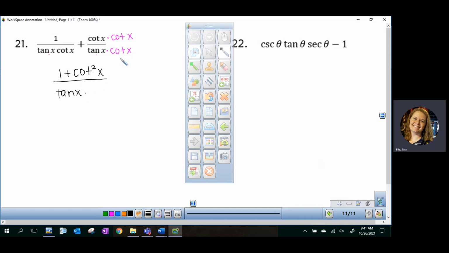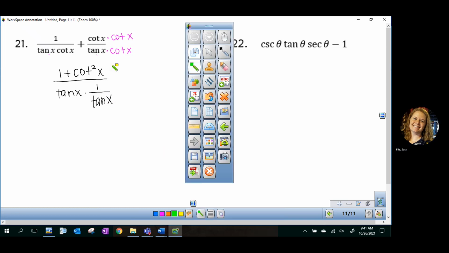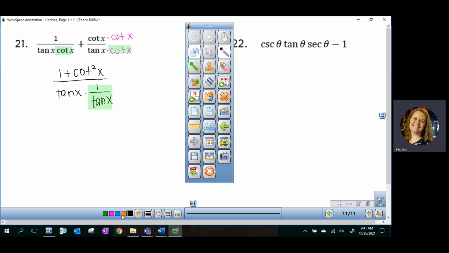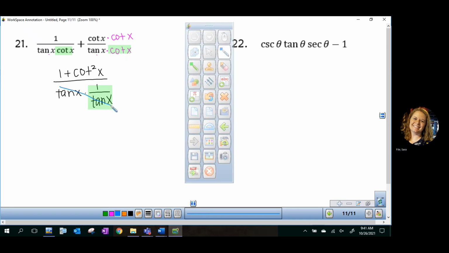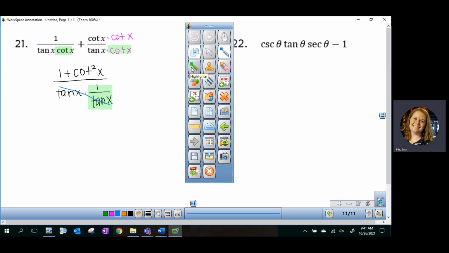Now, cotangent and tangent are reciprocals, right? So I could rewrite the cotangent as 1 over tangent in that common denominator. That cotangent got replaced here. What's that going to do in my numerator? Or excuse me, in my denominator? Yeah, that's just a 1 now. So my denominator is an understood 1. No more denominator.